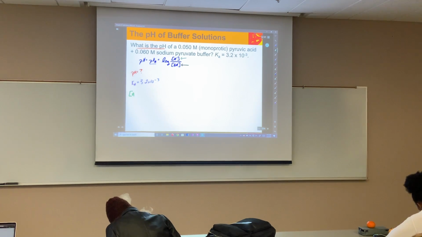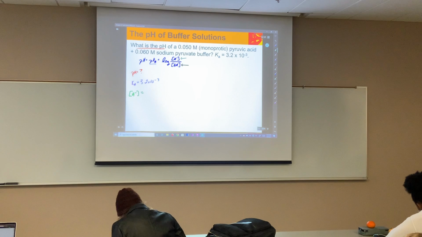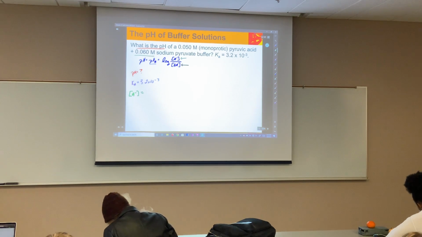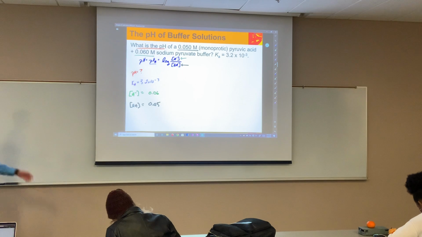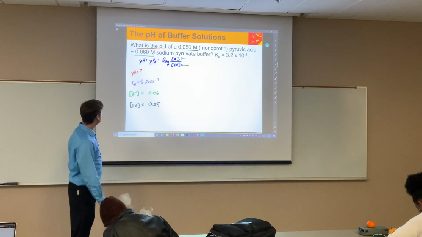So our A minus concentration is our base, that's 0.06, and HA is 0.05. Good? We have an equation with four parts to it.